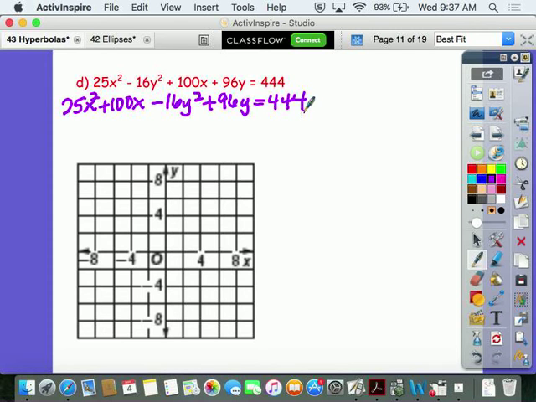If the y's are negative, it is horizontal, left and right. Okay? So we already know it's going to open left and right.